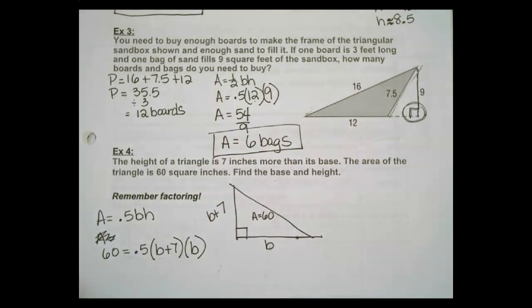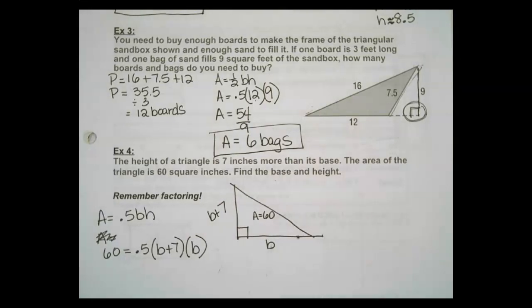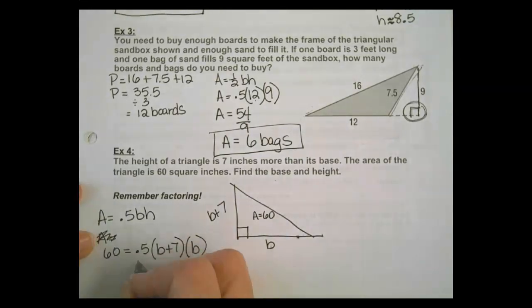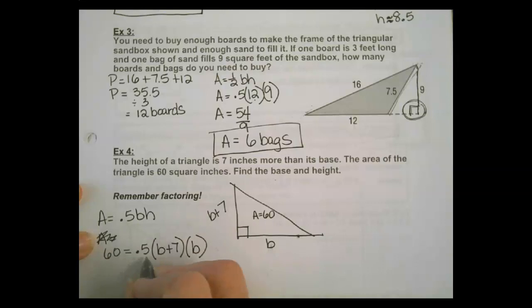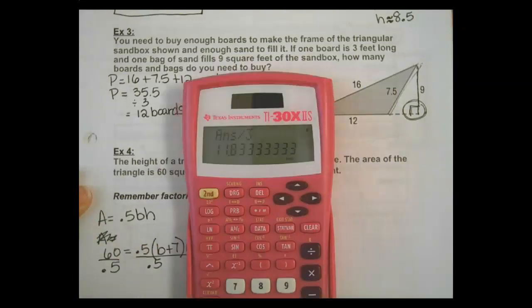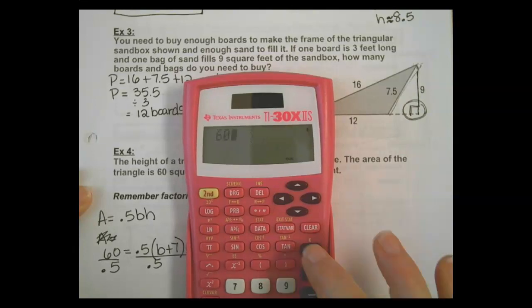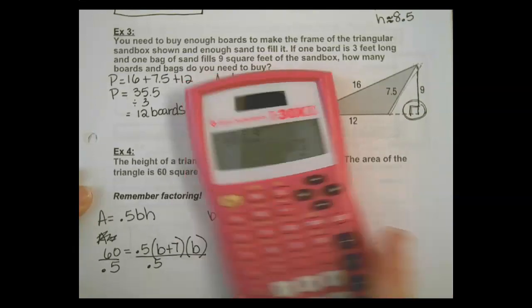Okay, so I'm going to divide both sides by half. I'm going to get rid of this. So divide by 0.5. 60 divided by 0.5 is different than what you think. It's 120.